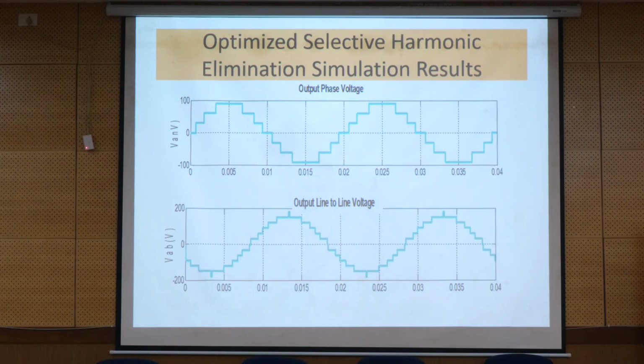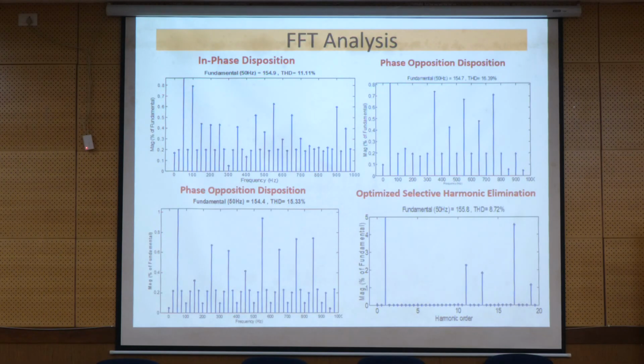Afterwards, the objective is which one is the best pattern, which can be decided by using the FFT analysis of the output voltages. For the fundamental frequency component, we got the THD value of 11% for in-phase disposition, 16 point something in this case, 15 point something in this case, and for optimized selective harmonic elimination we got a THD value of 8.72%.